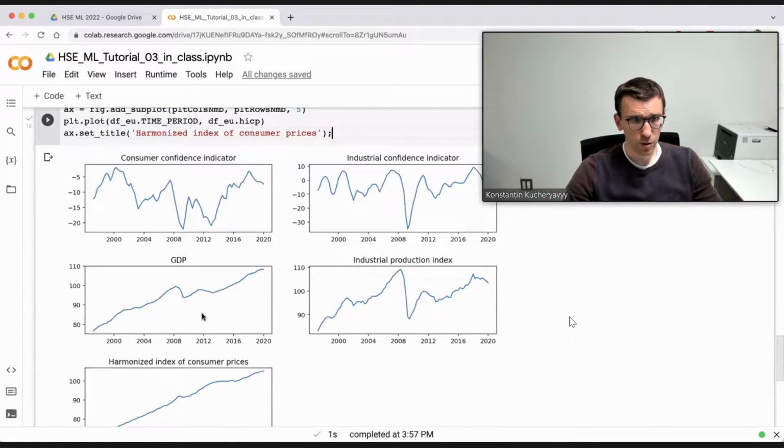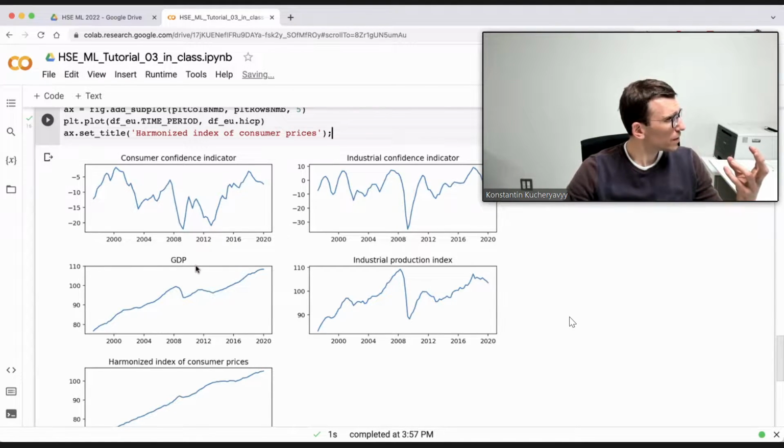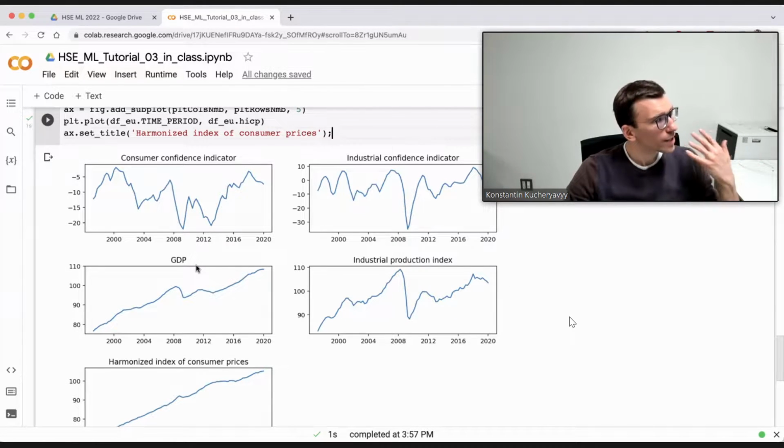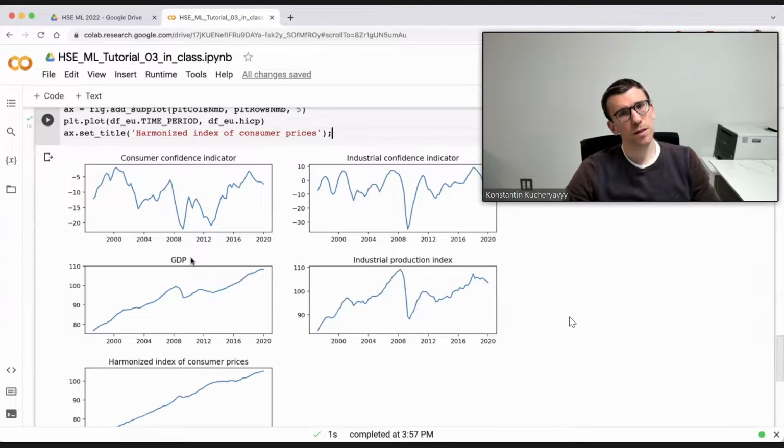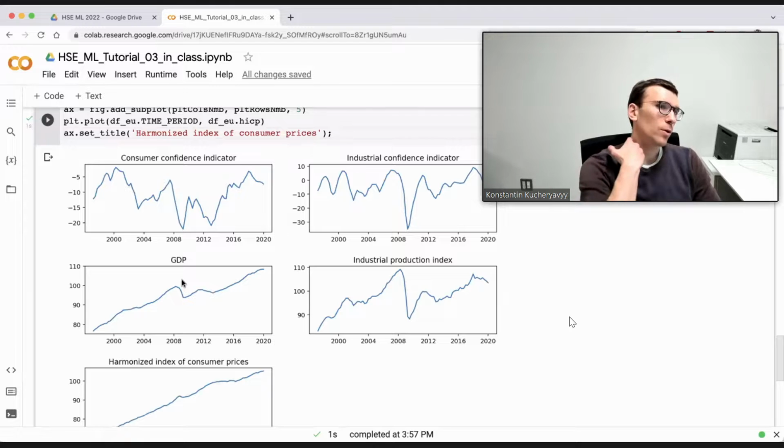From the plots, we see that the consumer confidence indicator doesn't look like it has any time trends. Well, this is the whole spirit of this indicator. It's about change, in the kind of questions asked: do you expect it to be better, the same, or worse than in the past?